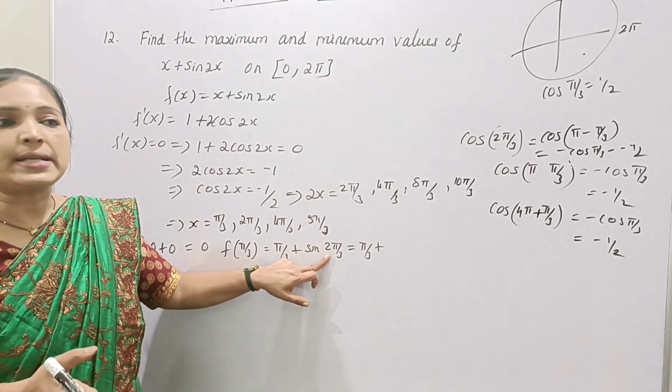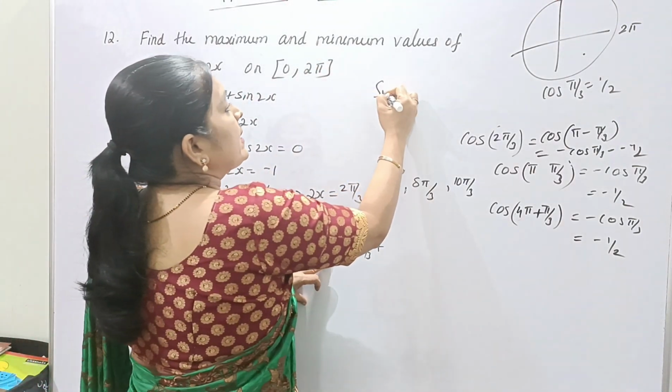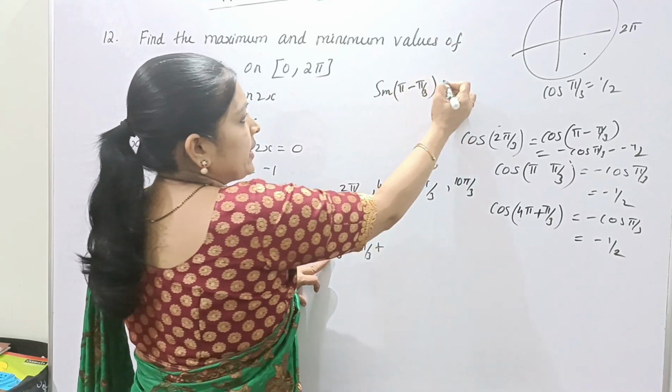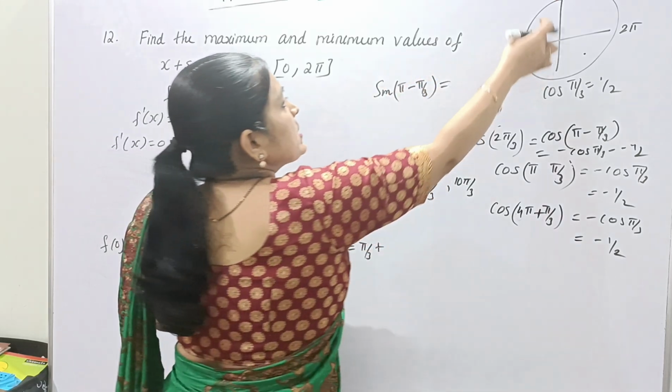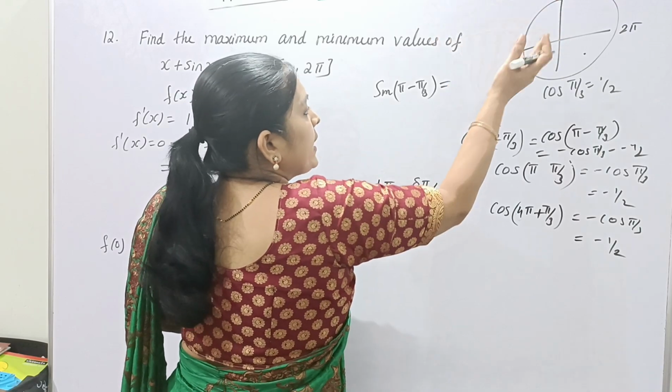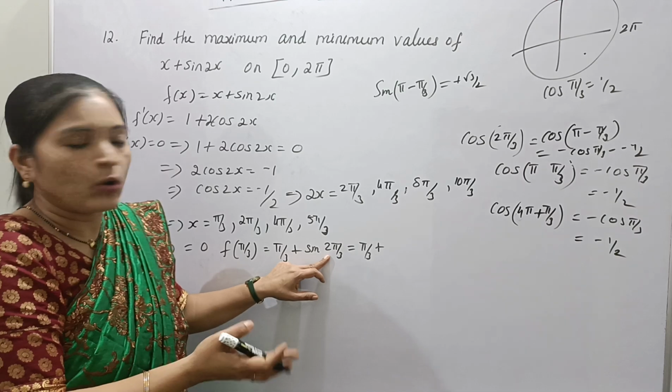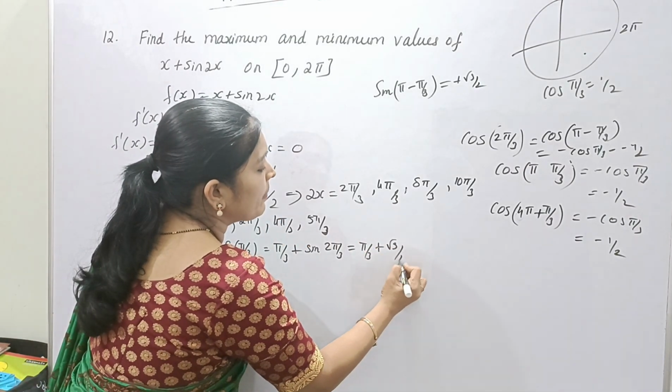Sine 2 pi by 3 is nothing but sine of pi minus pi by 3, that is 2 pi by 3, right? So sine of pi minus means second quadrant. In the second quadrant, sine is positive, therefore it is plus root 3 by 2.